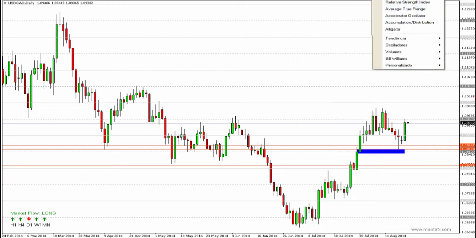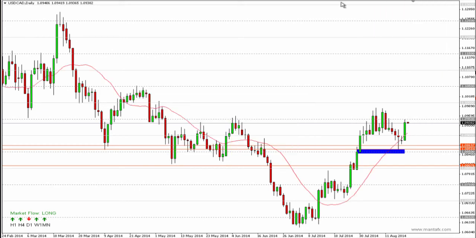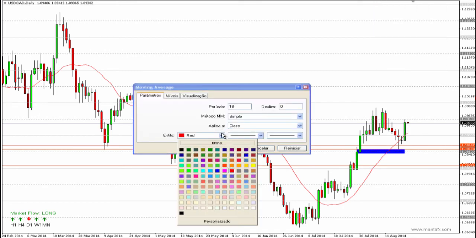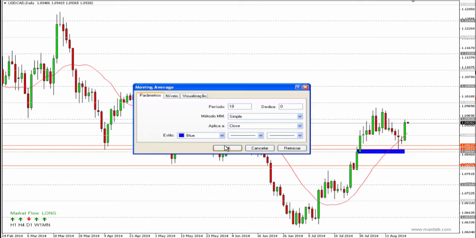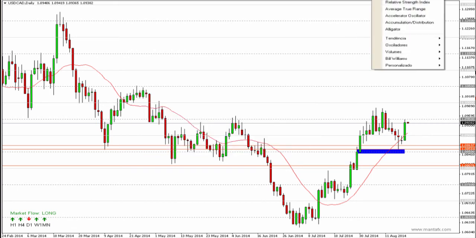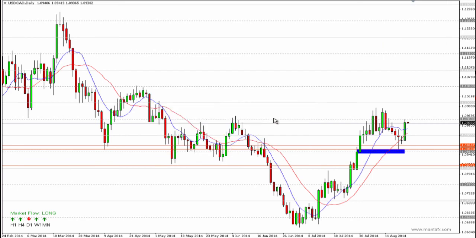So just for the heck of it, let's have a look at the moving averages, just to illustrate, this could have been another trade to be taken.